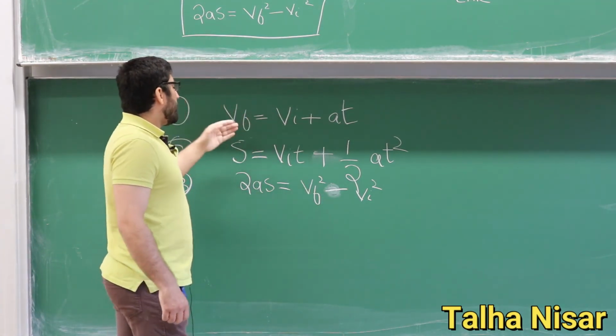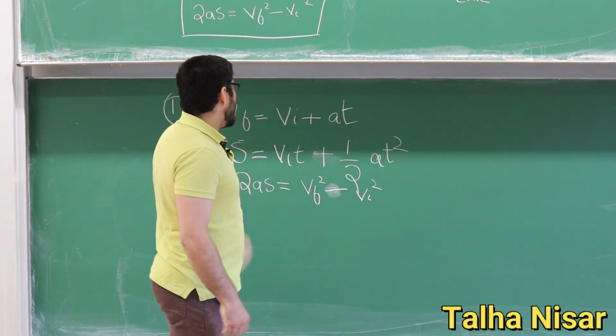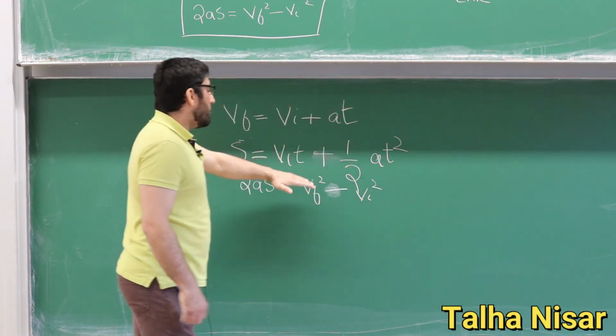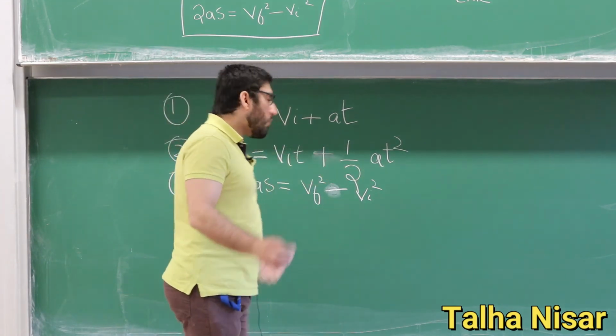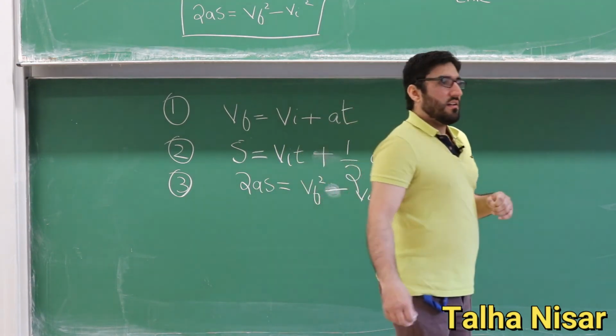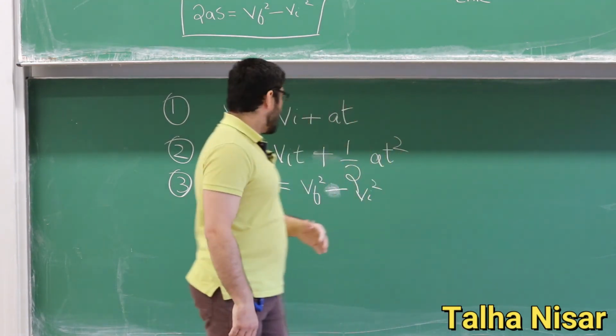Similarly, if we have the other quantities and want the initial velocity, we can calculate it. If we have the initial velocity, the acceleration and the time, we can easily calculate the distance covered by this moving object.